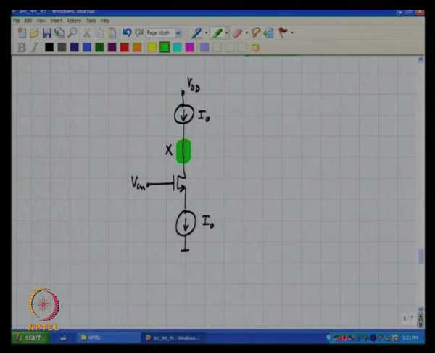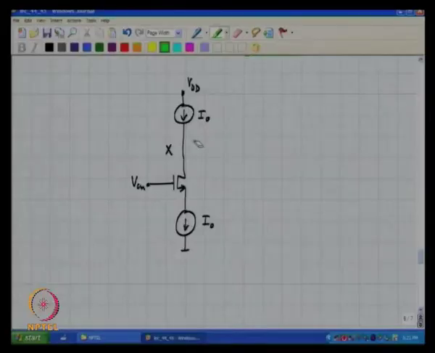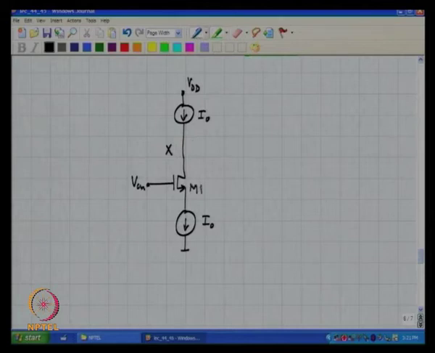Therefore, no net charge is flowing into node x. So, the potential of node x will stay put at whatever value it was. Okay. So, hoping that x was initially at such a potential that the transistor M1 operated in saturation, we see that things seem to be okay.